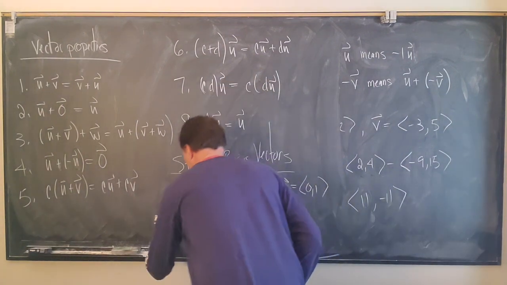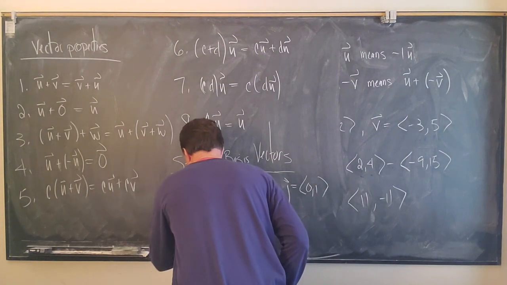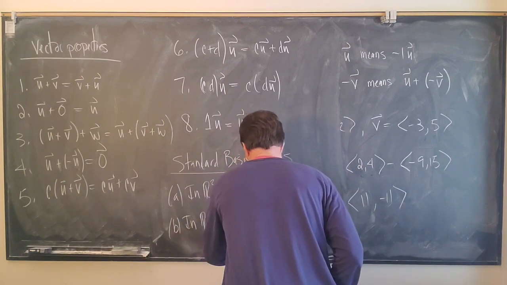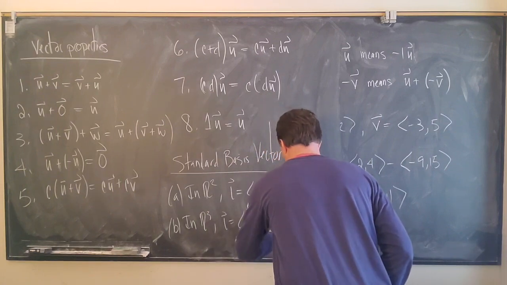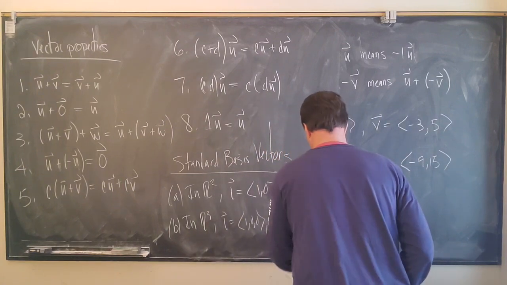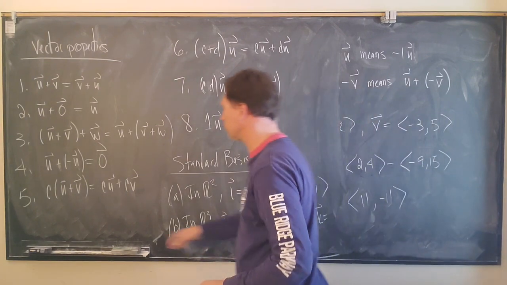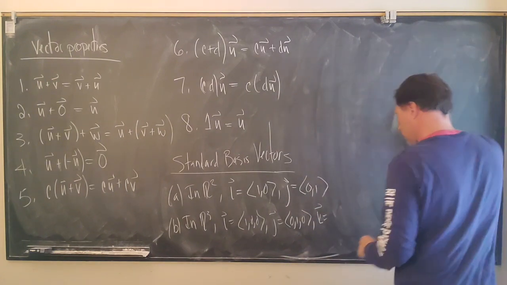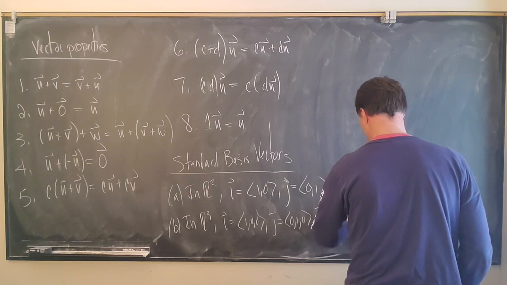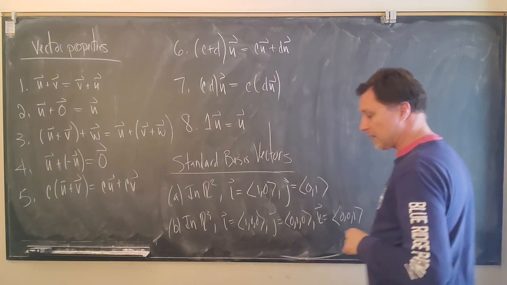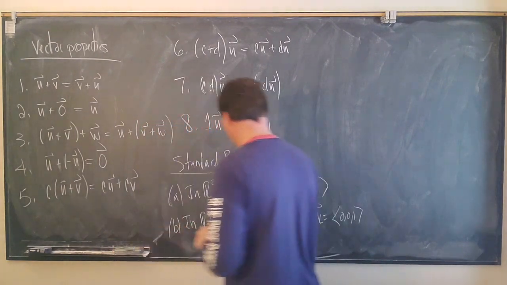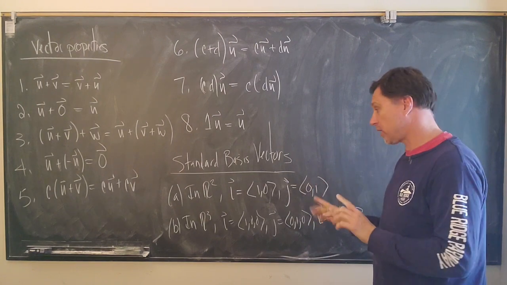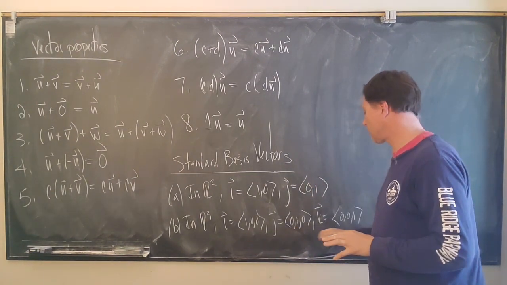And then in R3, we have i is the vector 1, 0, 0, j is the vector 0, 1, 0, and k is the vector 0, 0, 1. Now, what's the point? In R2, any vector can be written in terms of i and j. And in R3, in 3 dimensions, any vector can be expressed in terms of i, j, and k.